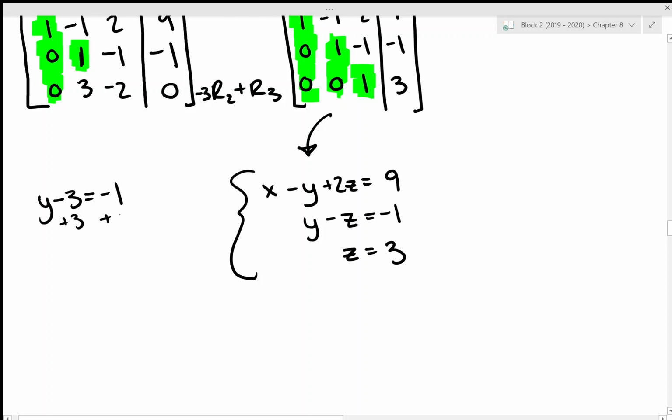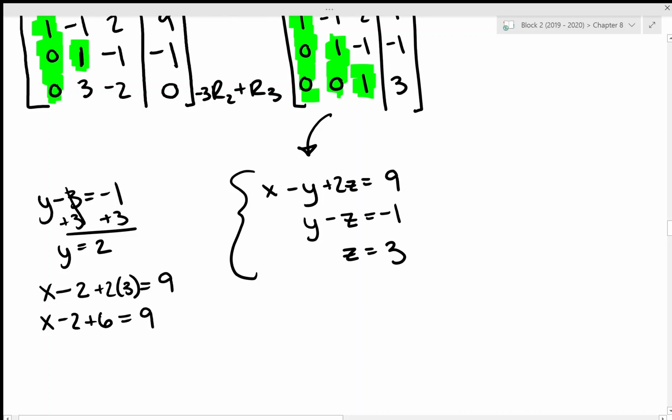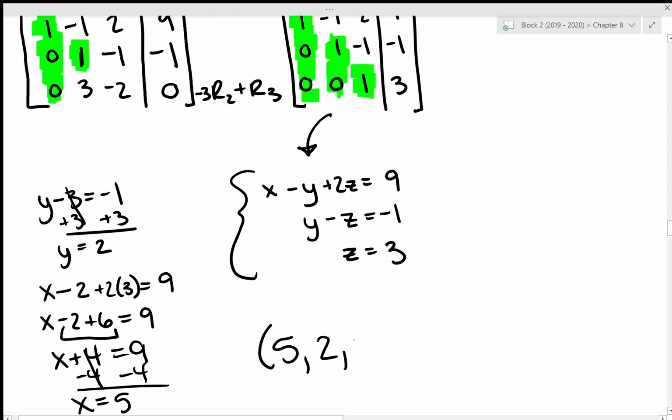I add 3 to both sides, and I get a y of 2. Now for up top, x minus my y, which is 2, plus 2 times z, which is 3, equals 9. So x minus 2, 2 times 3 is 6, so plus 6 equals 9. Negative 2 plus 6 is 4, so I get x plus 4 equals 9, and I subtract 4 from both sides, and I get an x of 5. So your final answer is 5, 2, 3.